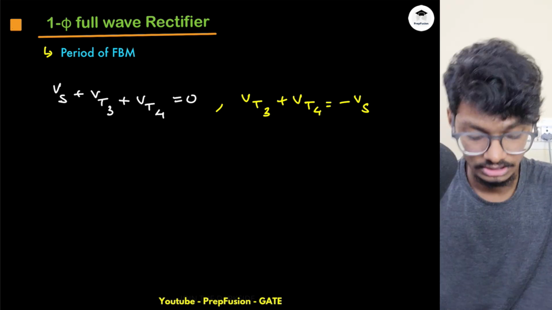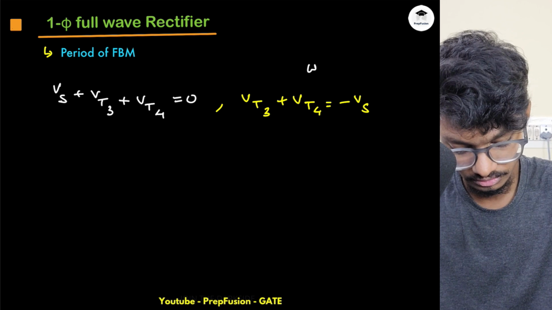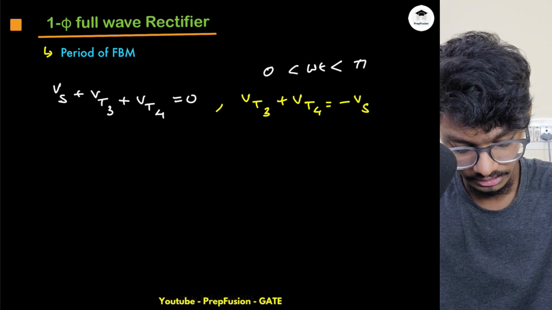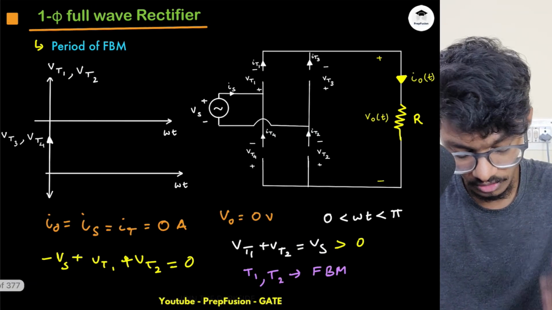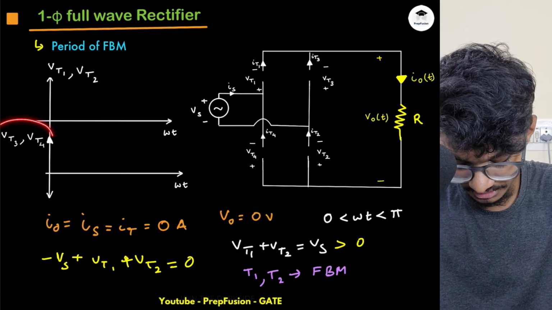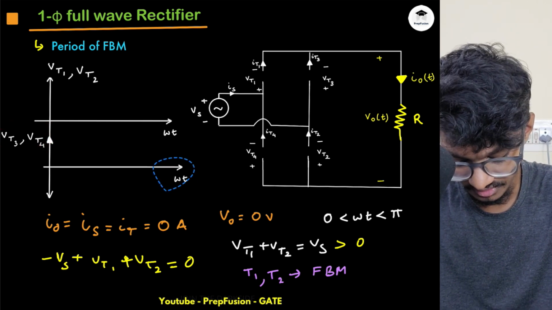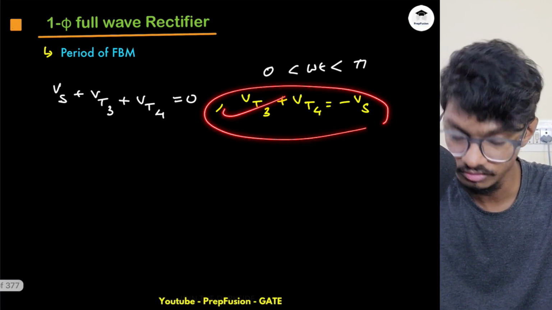Now what can I say? Between omega t equals 0 to pi, Vs is positive, so Vt3 plus Vt4 for the first half cycle is negative, minus Vs. This equation will always be followed.